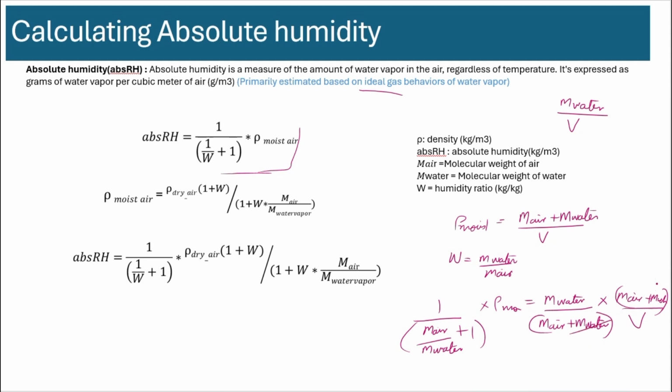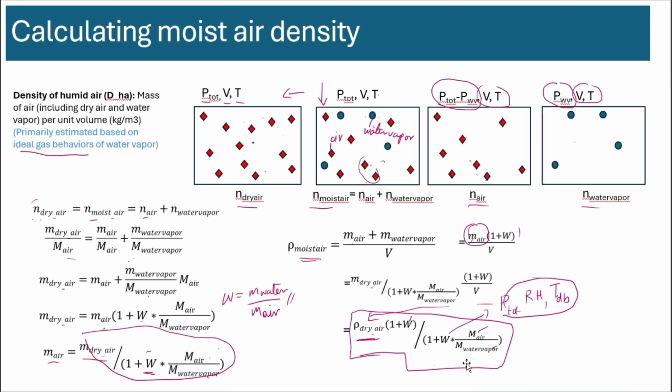So this will cancel. This is m water by volume, which is how we defined density, or absolute humidity. Basically mass of water vapor in a given volume of that particular gas mixture. So this formula is correct as we verified here, and we have just derived density of moisture in the previous slide.